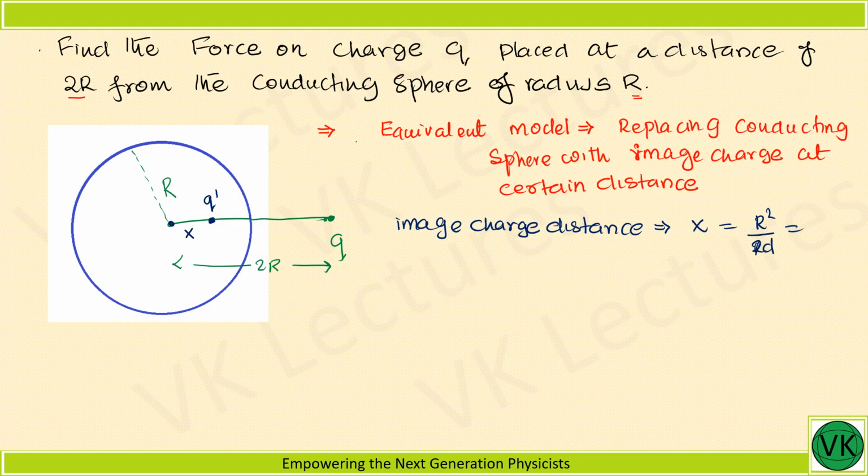So d is 2 times R, the distance from the center to the point where q is placed. So R square by 2R is nothing but R by 2. So x is equal to R by 2, and that is the image position.